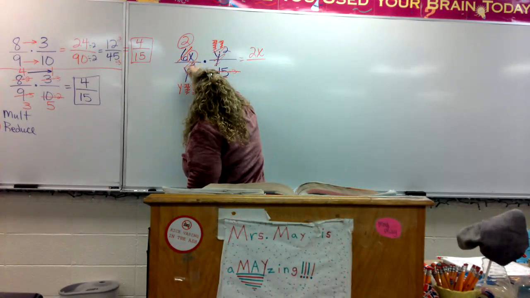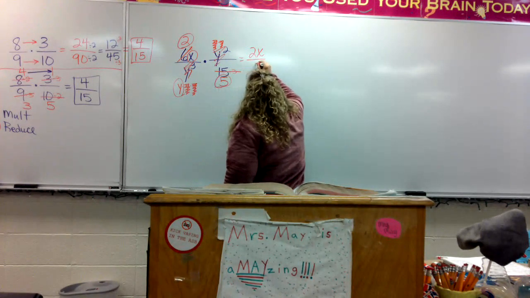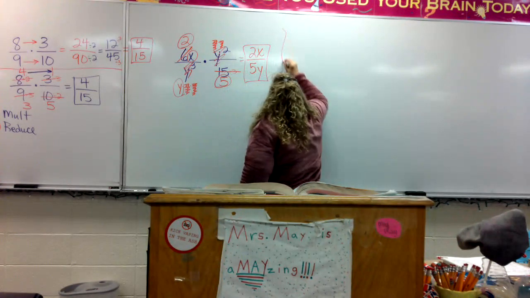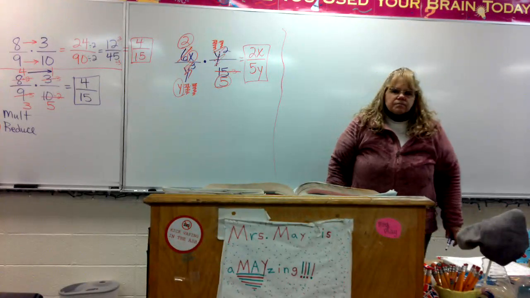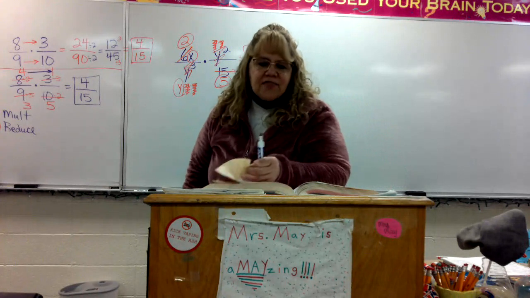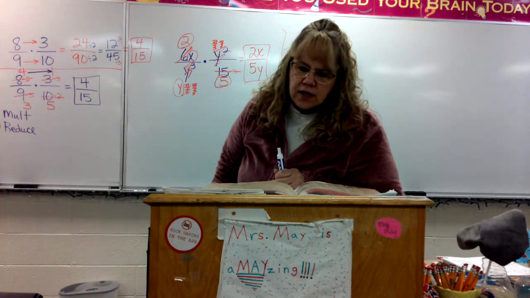I already used this. I wrote it down here. So what's left? Looks like that. Yes? Does that make sense? So we're going to cancel first and then multiply, because that's probably the easiest in this case.